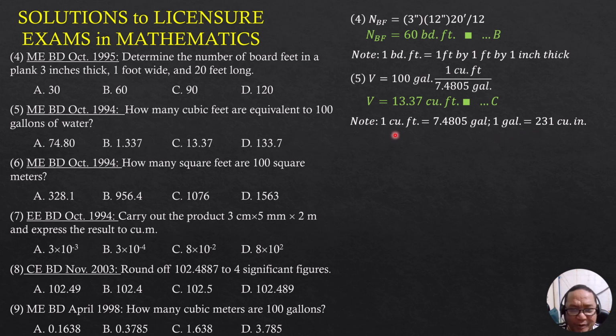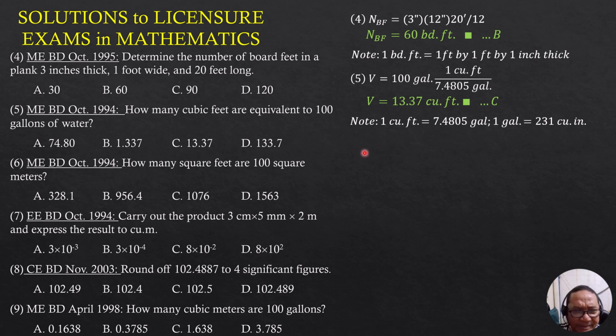And 1 cubic foot, of course, is 12 by 12 by 12, or 12 cubed, and 12 cubed is equal to 1,728 cubic inches. So that's the conversion.